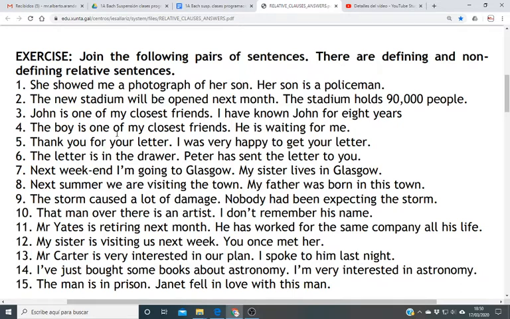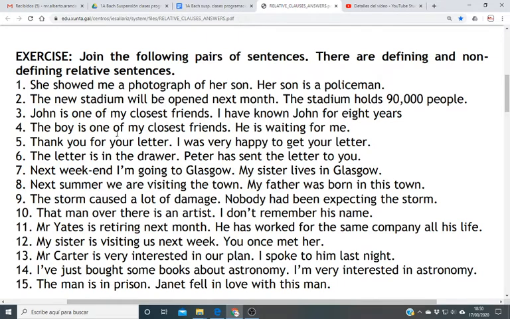7. Next week I'm going to Glasgow. My sister lives in Glasgow. I think this is not defining. "Next weekend I'm going to Glasgow" makes perfect sense. Therefore, the rest is extra. We're talking about a person, therefore we need to use who, and we cannot use that because it's non-defining. And it has to go between commas.